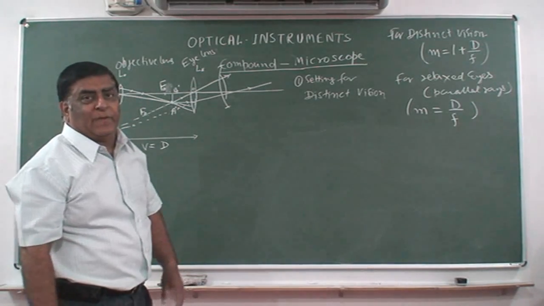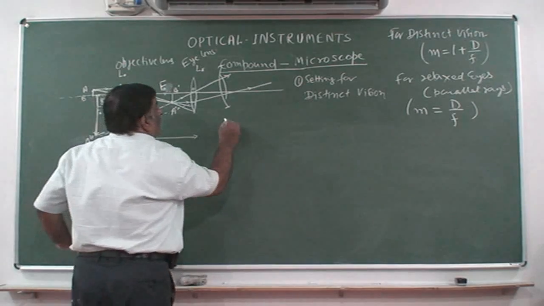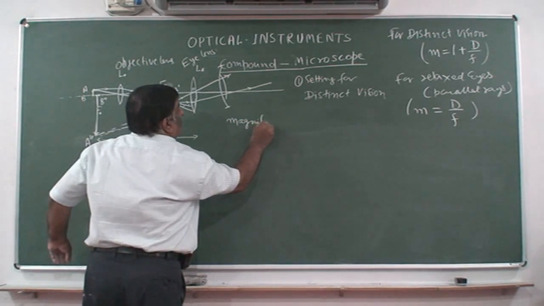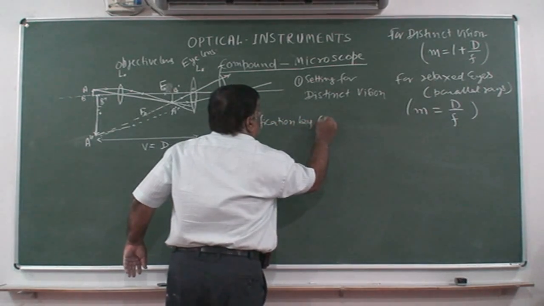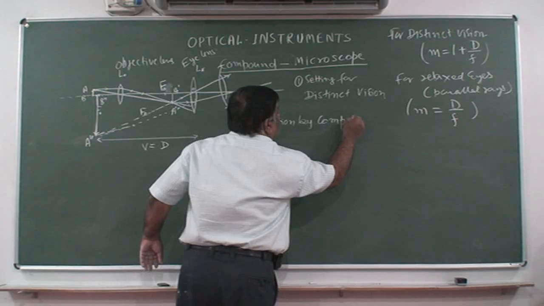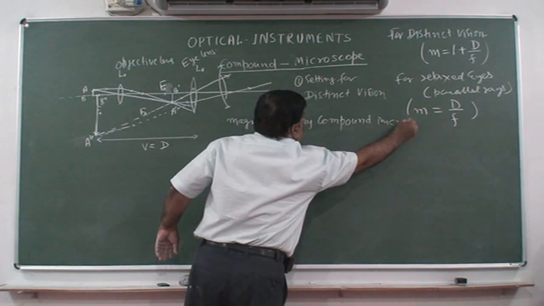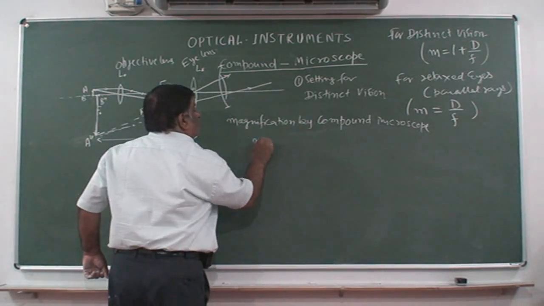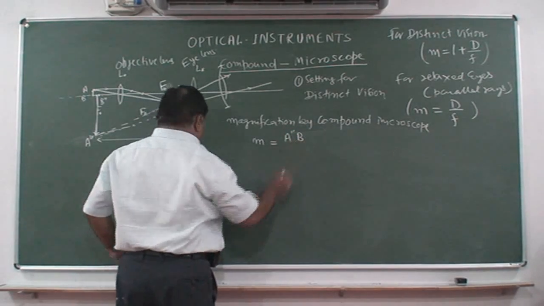Now the calculation. How much is the magnification? Very simply, magnification by compound microscope. This is an important part. Compound microscope M is equal to A double dash B double dash.